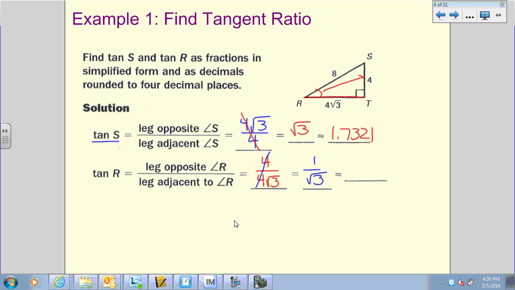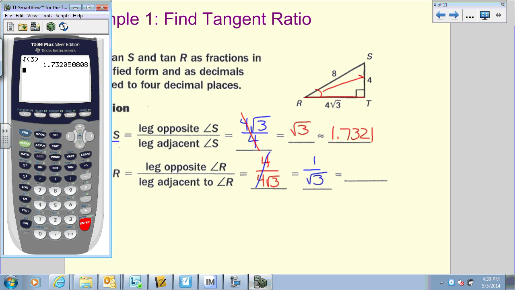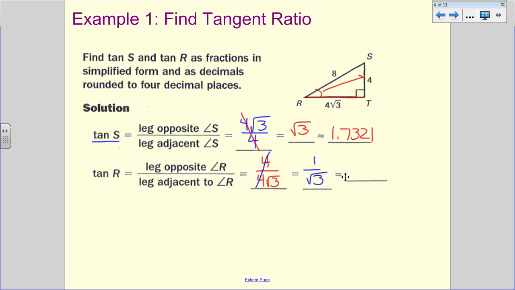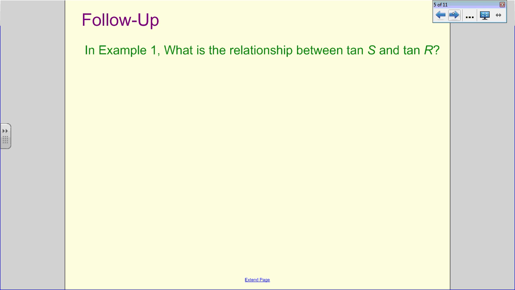And so we want to turn that into a decimal. So we're going to take 1 divided by second square root of 3. And that's going to be 0.577, and the 3 will round up to a 4. So 0.5774 there. All right? So that's what we're looking at when we talk about finding the tangent of an angle, is taking those leg measurements and writing them as a ratio.